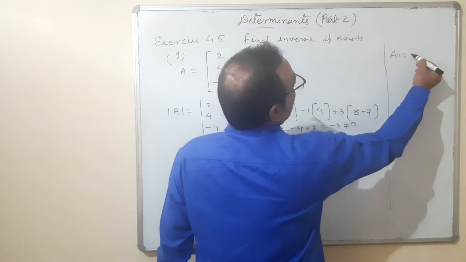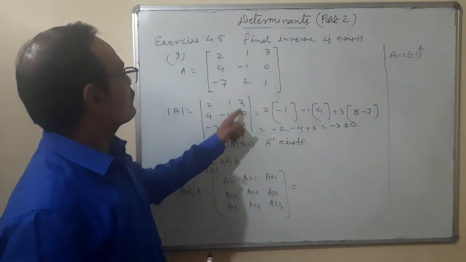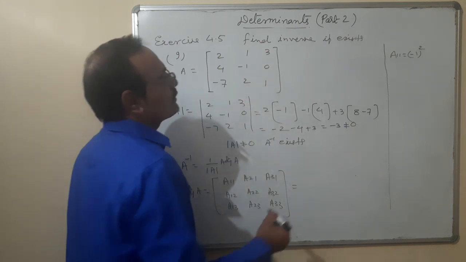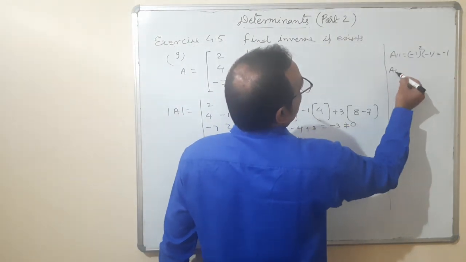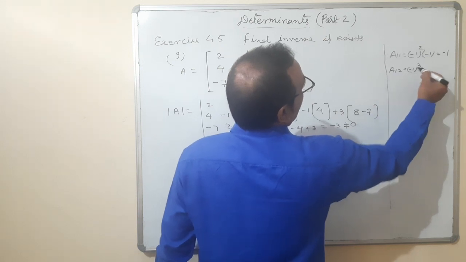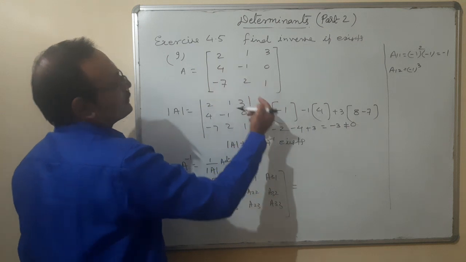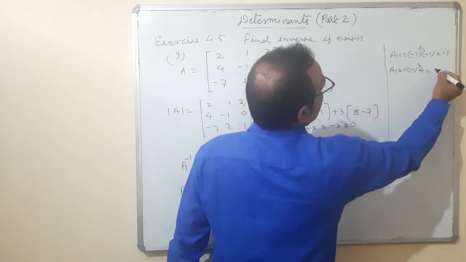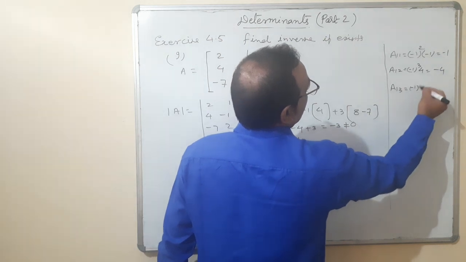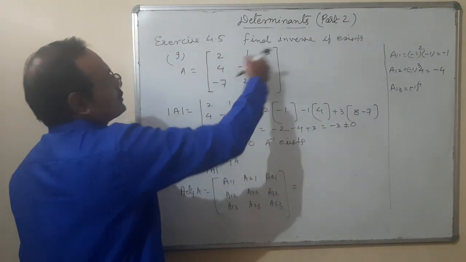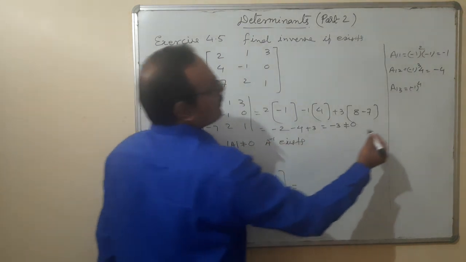A11 is minus 1 to the power 2. Leaving the first row and first column, it is coming minus 1. The result is minus 1. A12 is minus 1 to the power 3. First row, second column, 4. The result is minus 4. A13 is minus 1 to the power 4. First row, third column, 8 minus 7, 1.